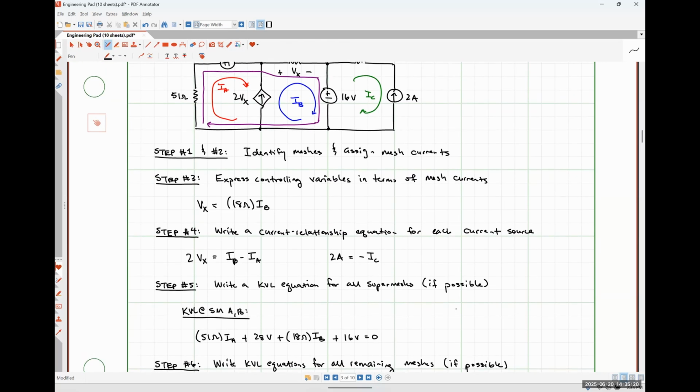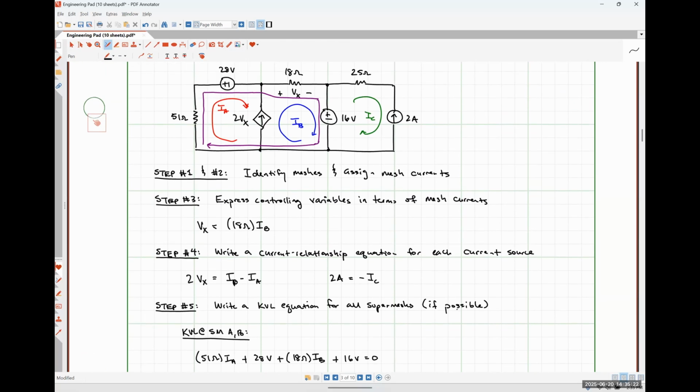If we try to write a KVL equation around mesh C, we first go up through the 16-volt source, so we would have minus 16 volts, then plus 25 ohms times IC, and then we hit this current source and we literally can't do anything. So whenever we have a current source on the perimeter of the circuit, we don't write a KVL equation.